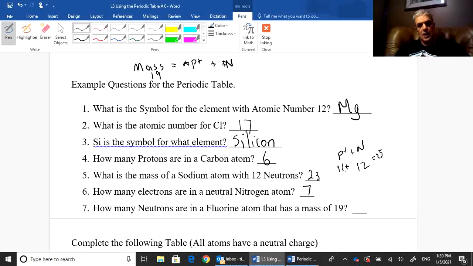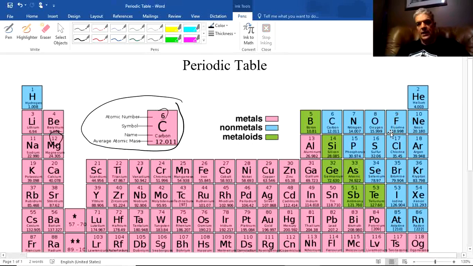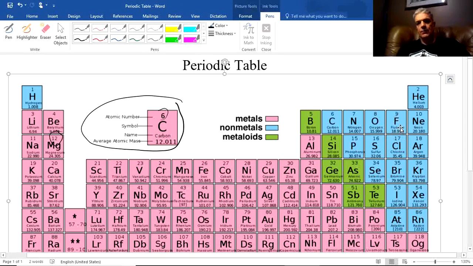Let's try this. So fluorine, let's find fluorine in here. Fluorine has 9 protons, and 18.998 is the average mass, okay? So 9 is the number of protons.